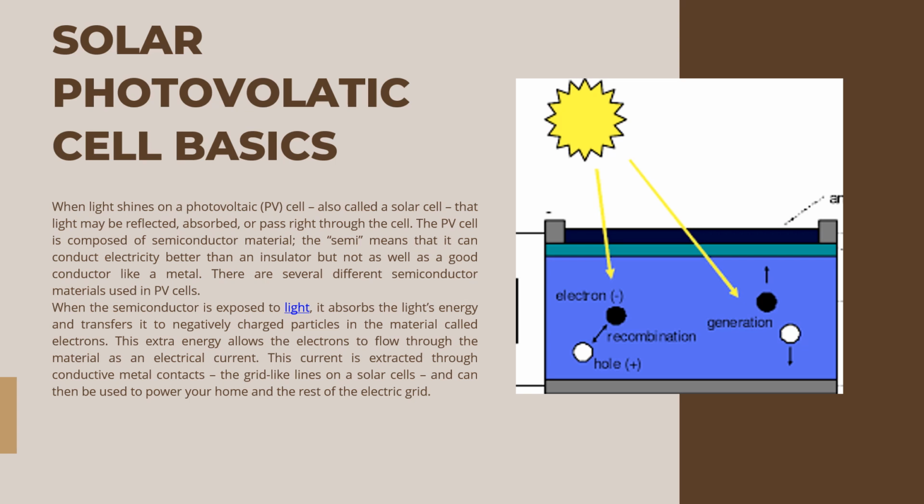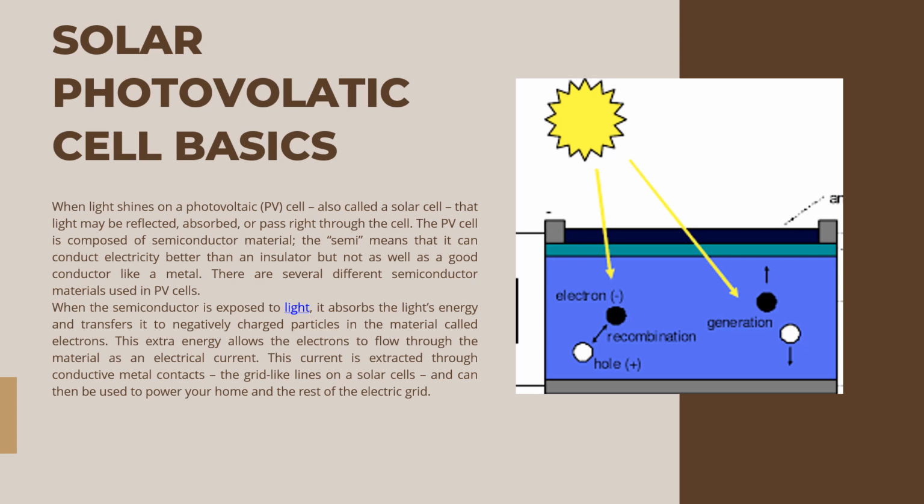When the light shines on the photovoltaic cell, what is a photovoltaic cell? It is a type of cell that is used to absorb the heat from the sun and transmit it to the semiconductor to convert it into electricity. The "semi" means that it can conduct electricity better than an insulator but not as well as a good conductor like a metal.